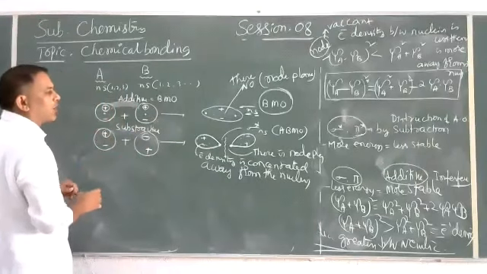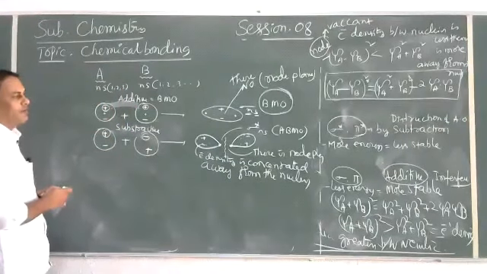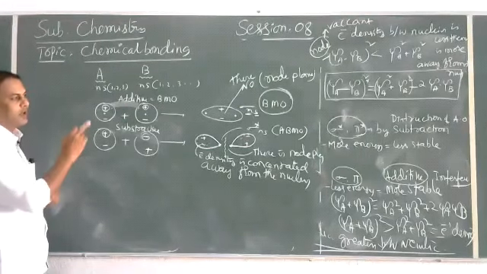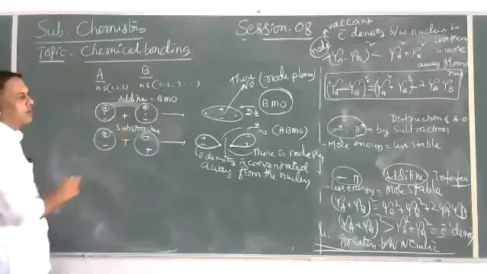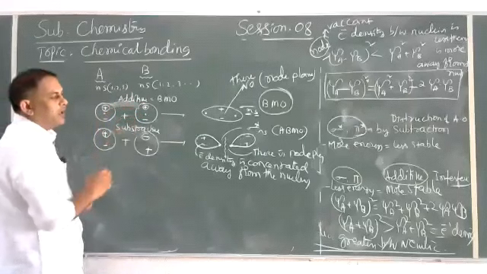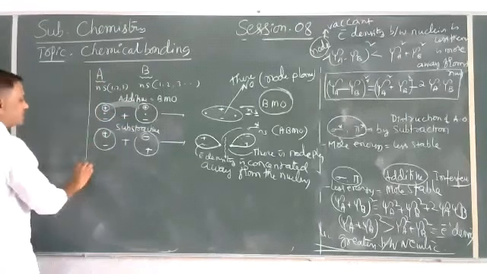So this is orbital overlapping by linear combination of atomic orbitals, sigma and pi bonding for the s subshell. These are the atomic orbitals and these are the molecular orbitals. There are two types, bonding and anti-bonding molecular orbitals.